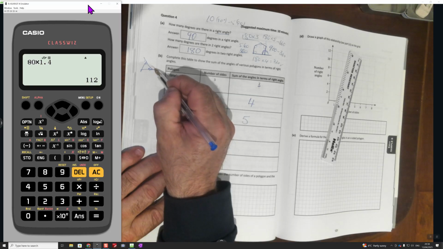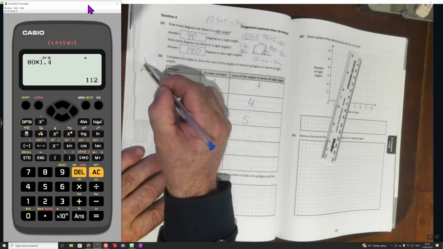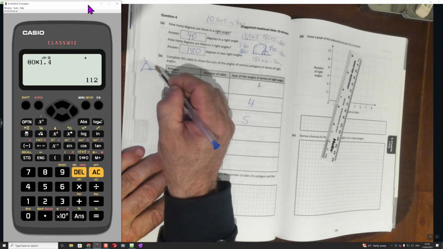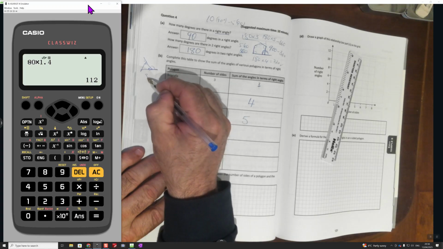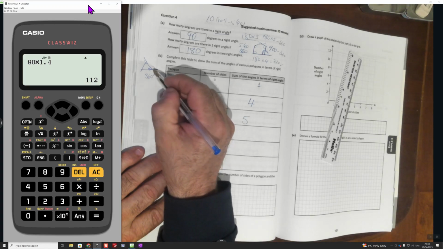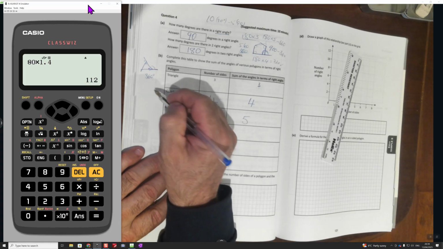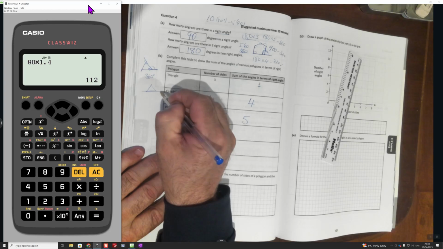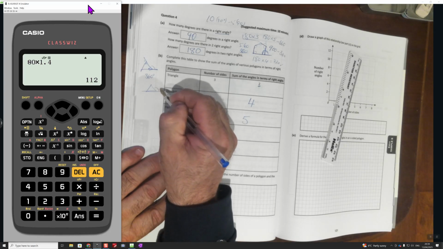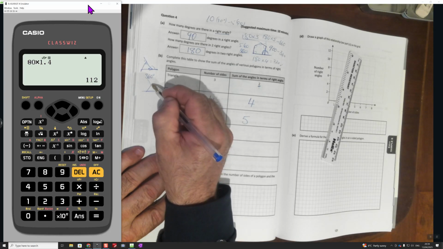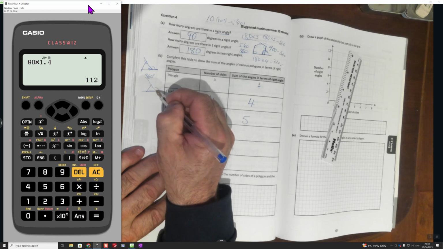Okay, now if you take all the external angles as you go around the polygon, you must go around 360 degrees to get back to where you started from. Let's think about that really carefully in terms of an equilateral triangle. You would have 120 here. You would turn, which would turn you to this angle.